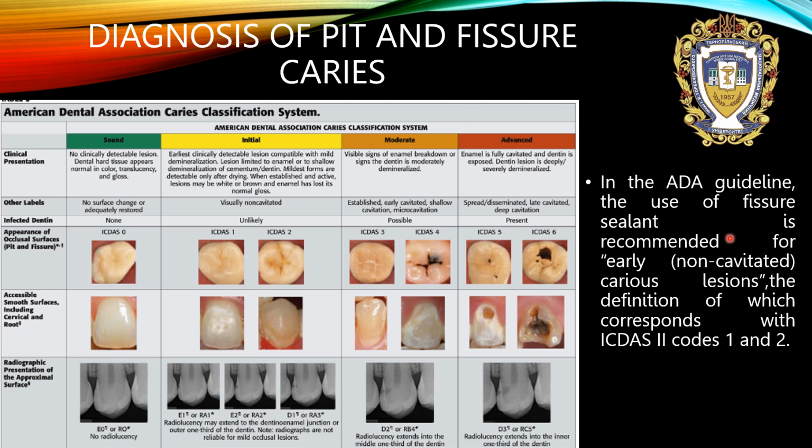According to this guideline, the use of fissure sealant is recommended for early, non-cavitated caries lesions, the definition of which corresponds with ICDAS codes 1 and 2.